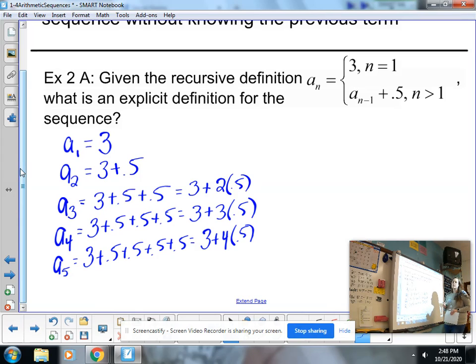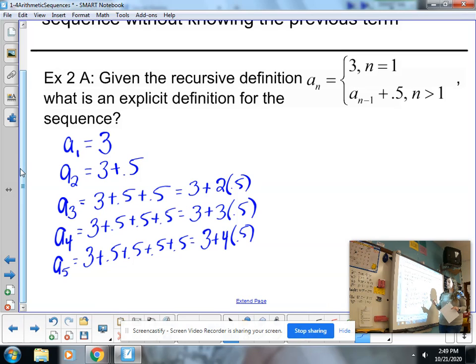You guys see the pattern that's going on here? When we were finding the second term, there was one 0.5. When we were finding the third term, there are two 0.5s. When we're finding the fourth term, there's three 0.5s. When we're finding the fifth term, there's four 0.5s.